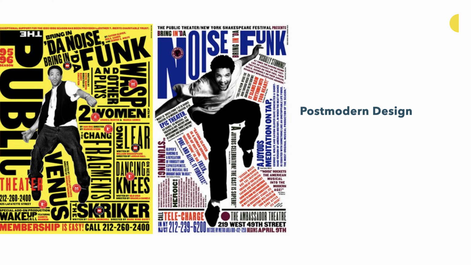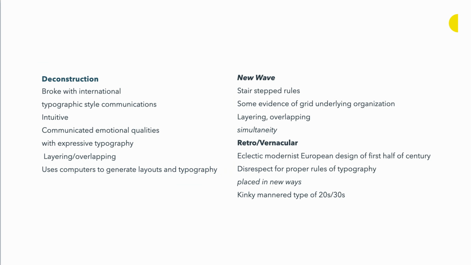Postmodern design, on the other hand, we see advances in computers, but the type is really, really dynamic and used in incredible ways. There are 3 parts to postmodernism: deconstruction, new wave, and retro vernacular.